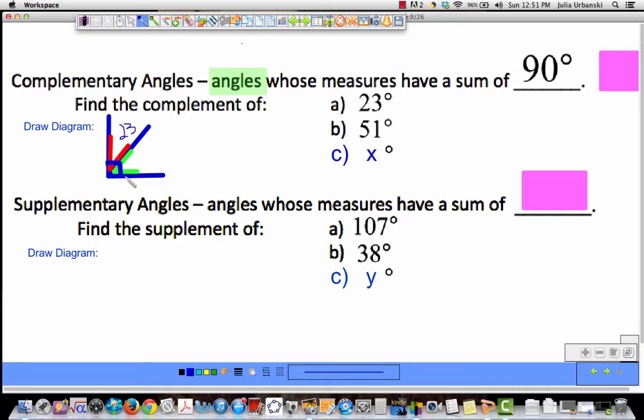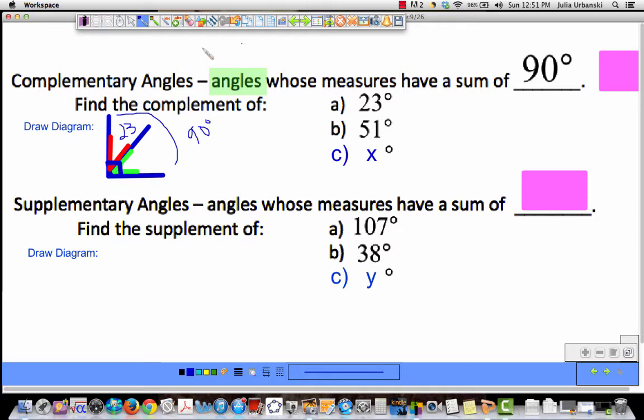Then think about how you would find the other angle. Well, the total here, of course, is 90. So all you would do is subtract. Sorry, my thing isn't working, so I have to use a different method of writing here. But you get the idea, 90 degrees all the way across, and we already have 23 degrees. How would you find the missing one?